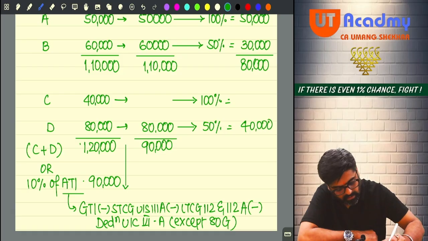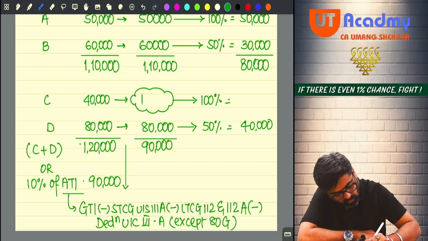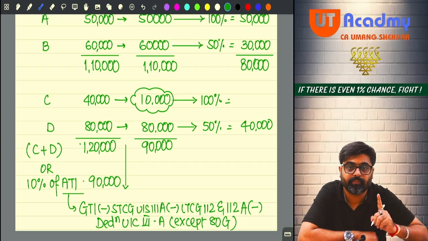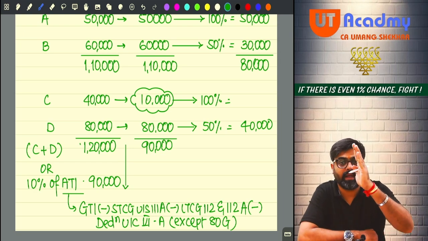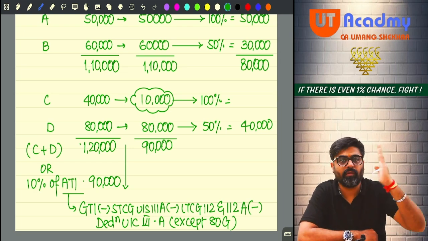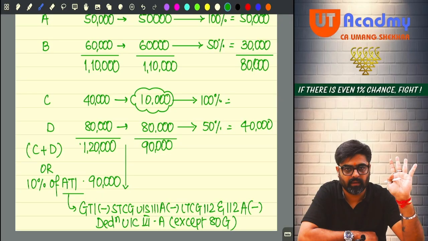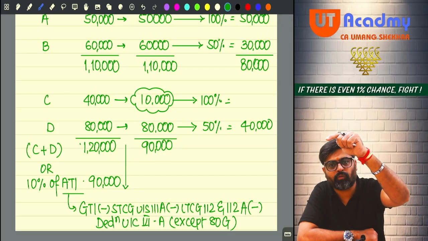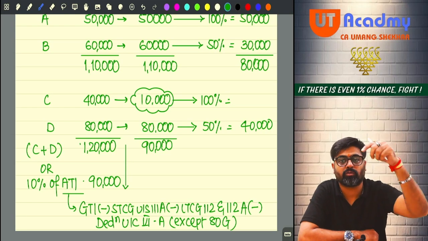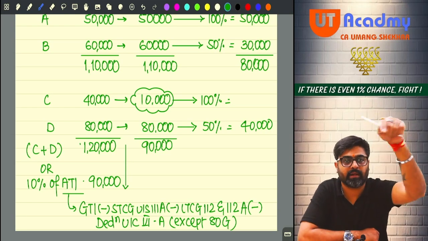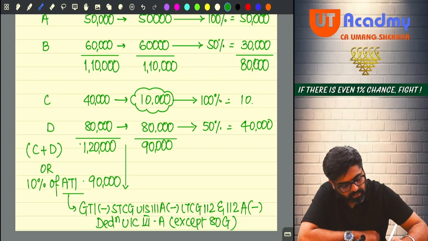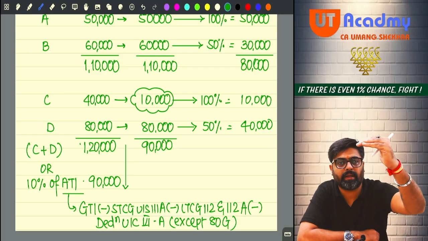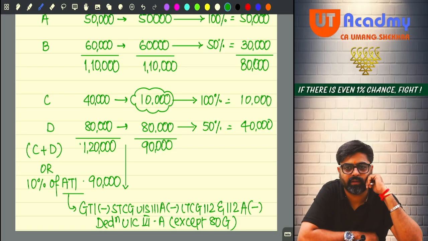Then from C you can qualify only 10,000, because 10 plus 80 has to be 90. So category C and D total qualifying amount cannot be more than 90,000. So out of 40,000 only 10,000 will qualify, and 100% of 10,000 is 10,000. So your deduction will be 10,000 plus 40,000, 50,000 only.